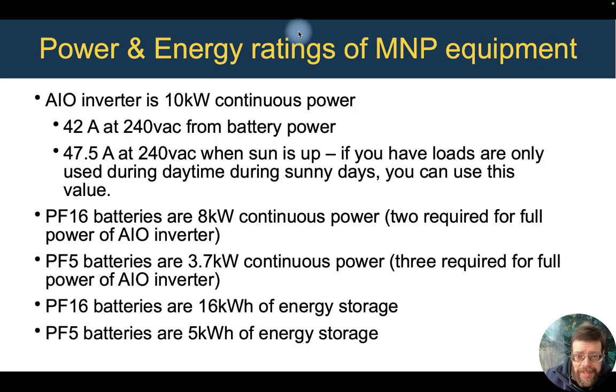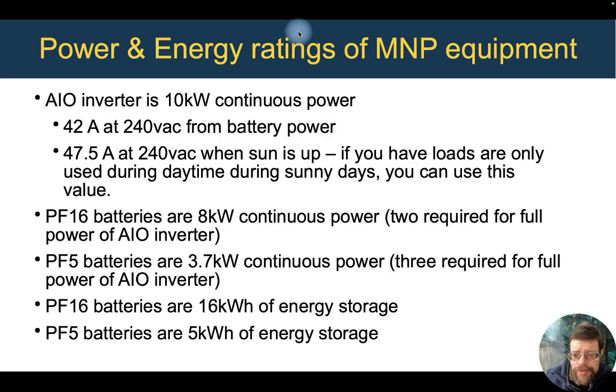The power and energy ratings of the MNPower equipment. The all-in-one inverter is 10 kilowatts continuous output power. That's 42 amps at 240 volts AC from battery power. During the daytime, when the sun's up, it can actually do higher power, 47.5 amps or 11.4 kilowatts.